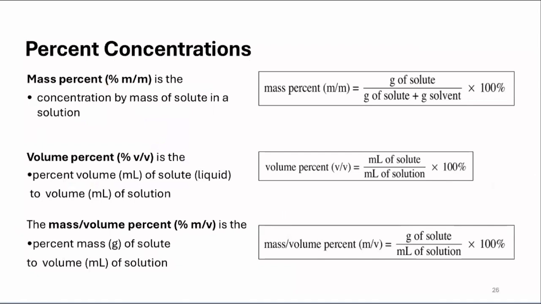To present to you other units of concentration, here we have mass percent. In mass percent, it is actually defined as the grams of solute divided by the addition of the grams of solute and grams of solvent.